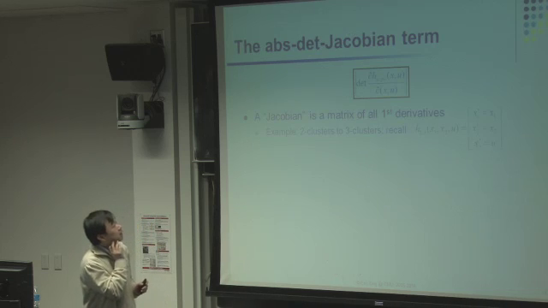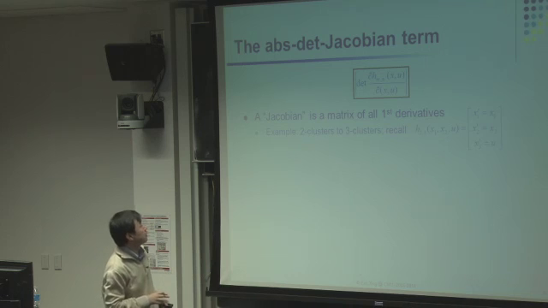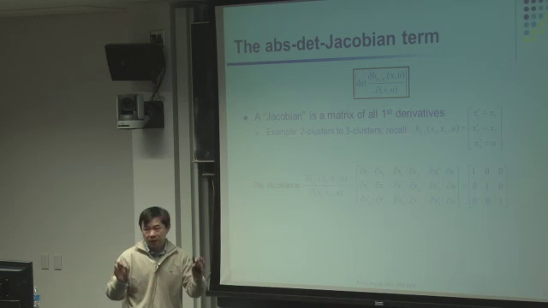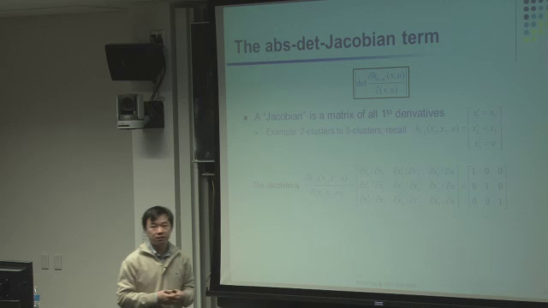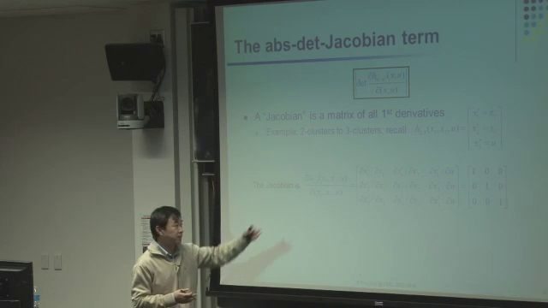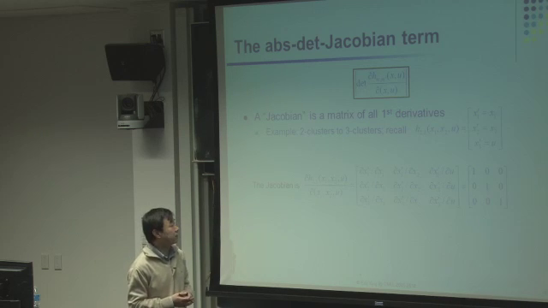All right, so let's look at that. First, what is the absolute value of the determinant of the Jacobian? Well, I assume you already know some basic calculus and linear algebra. So this is just an explicit write-out of the form.